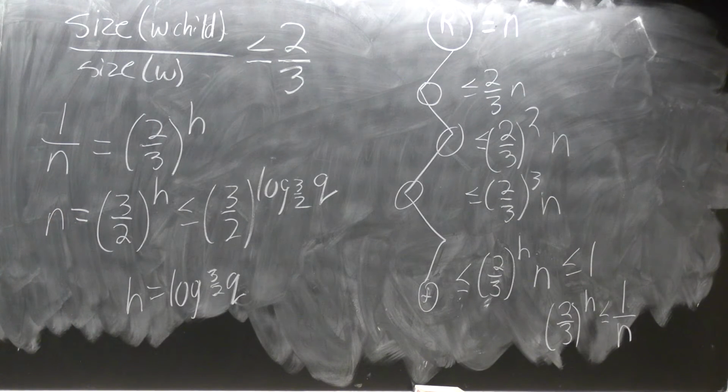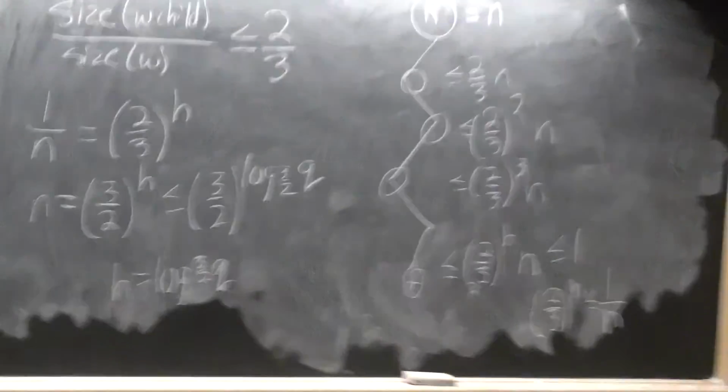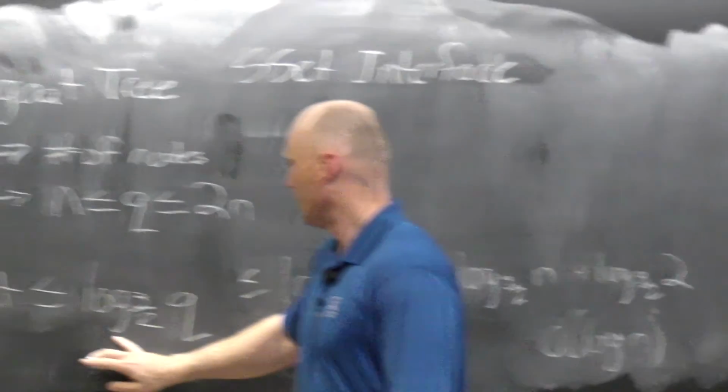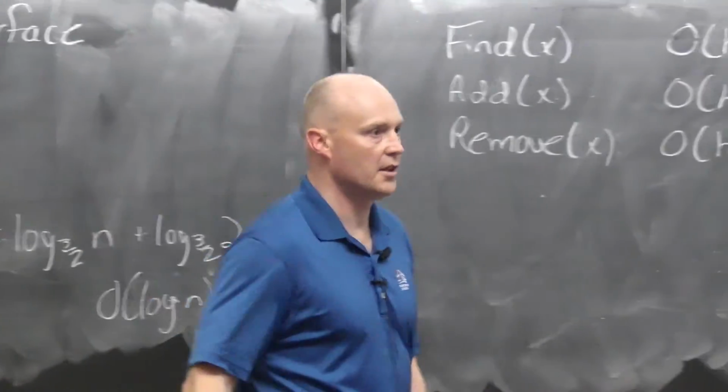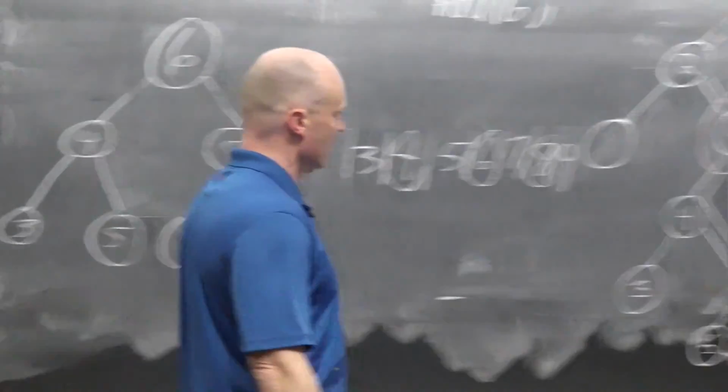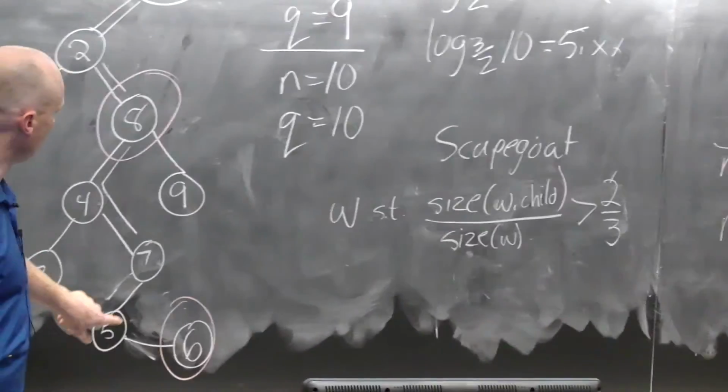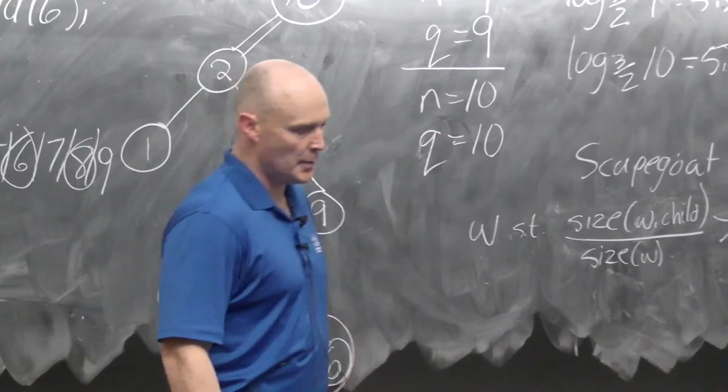So if we've added a node and it turns out that our height is greater than log base 3/2 of q, then we know that we can find a scapegoat somewhere along this path from the node that we've added back up to the root.